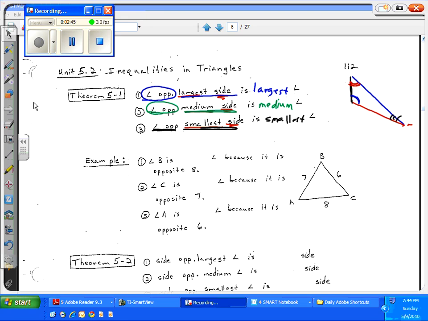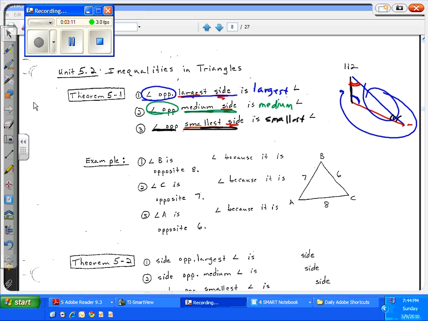Now, the geometry book definition says if the sides of a triangle are unequal from large to small, then the angles opposite those unequal sides are unequal in the same order, large, medium, small.